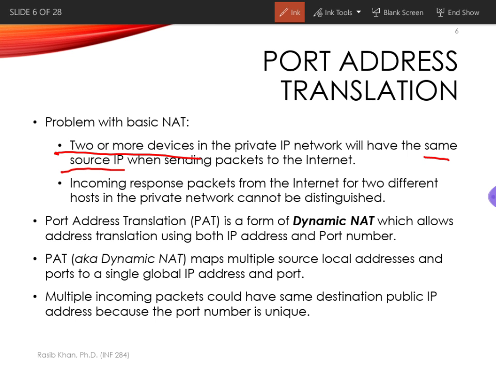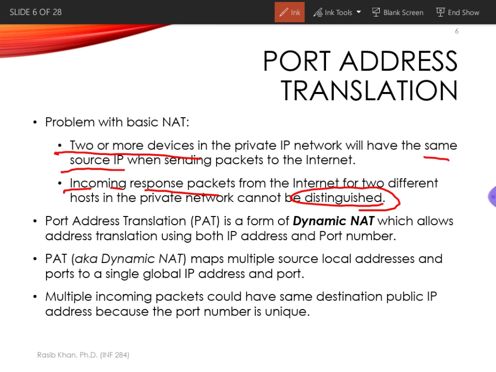Therefore, when the responses come back, the incoming packets from the internet for the 2 different hosts cannot be distinguished because both will have the same destination IP on the public side, and the NAT server will be confused about which packet should be routed to which host.